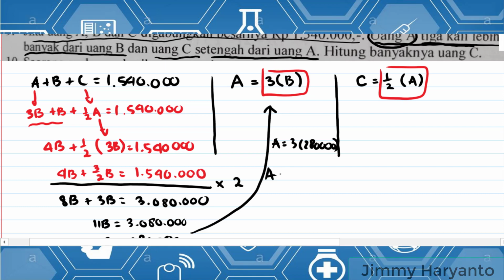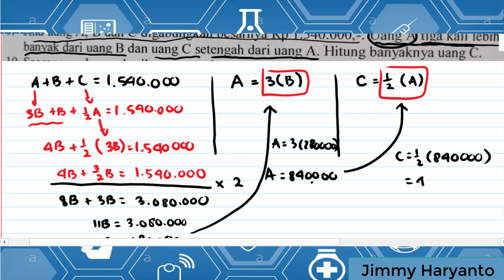So I will get A equals 840.000. And then plug it into C. C equals half times A, 840.000. It will become 420.000. There you go. We have C, 420.000.